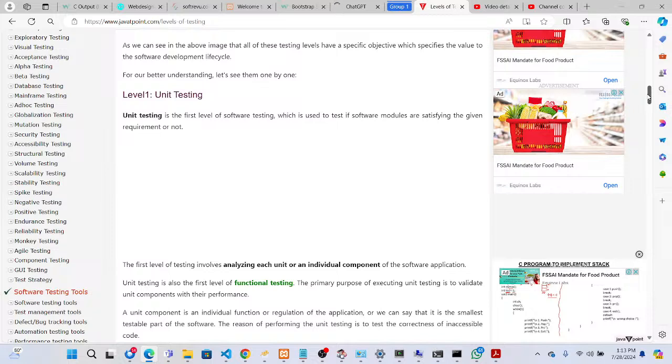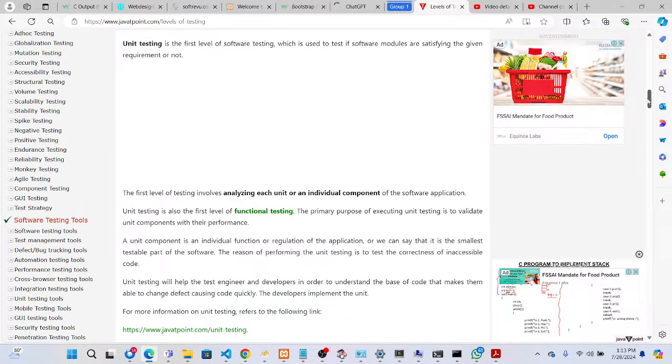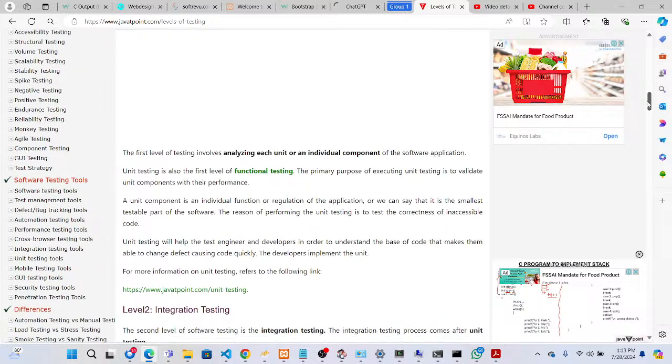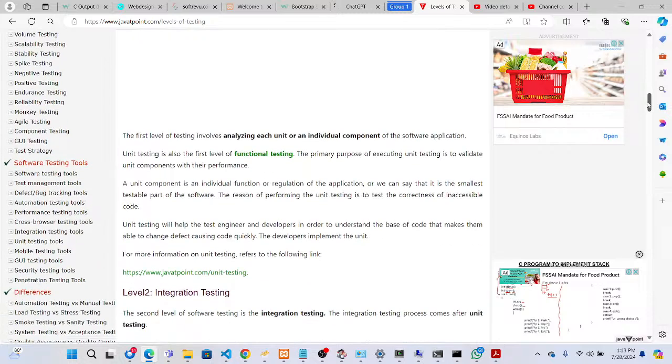Okay, this is actually done by the developers. It is the first level of testing, which involves analyzing each unit or component, and usually developers will use code review tools to do the unit testing, to ensure that the code they have developed is covered by their unit tests.